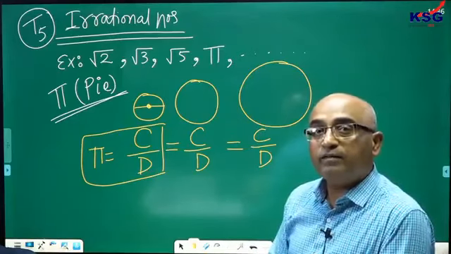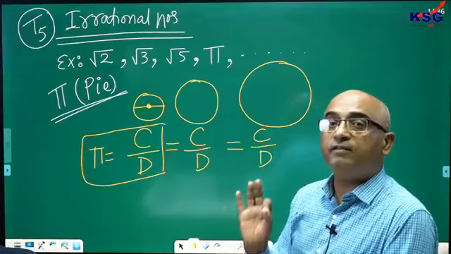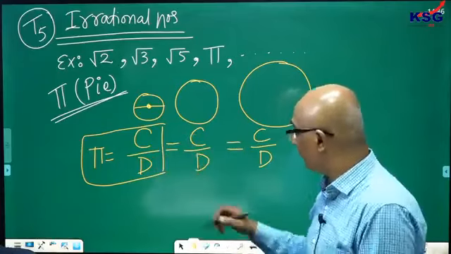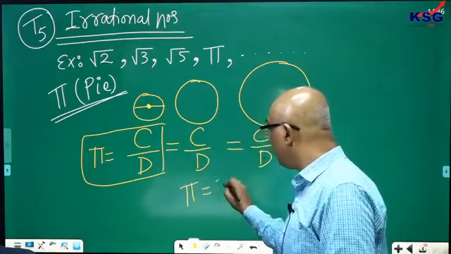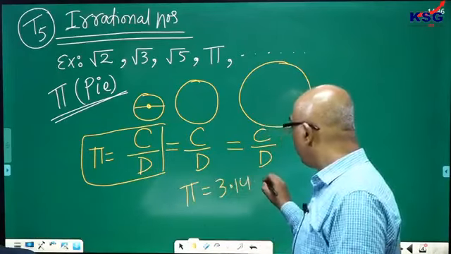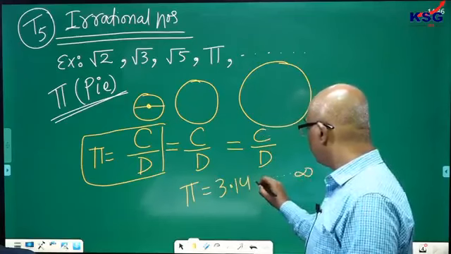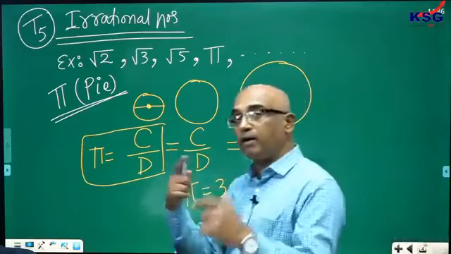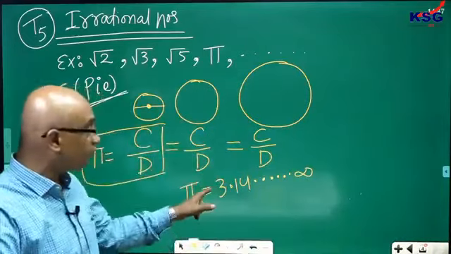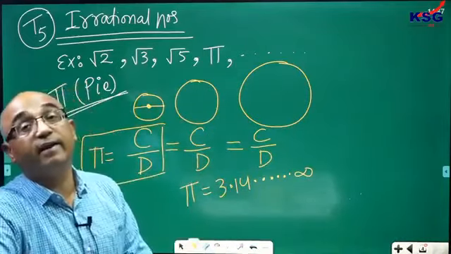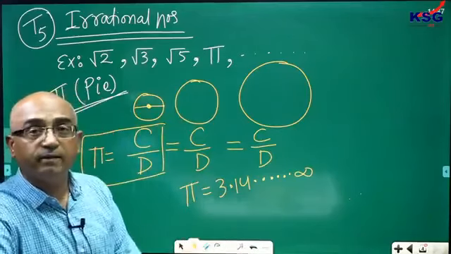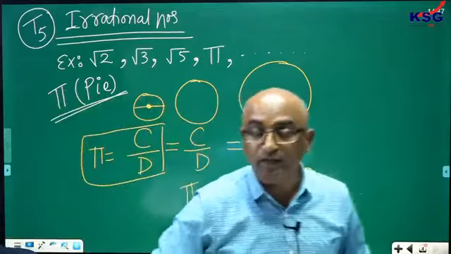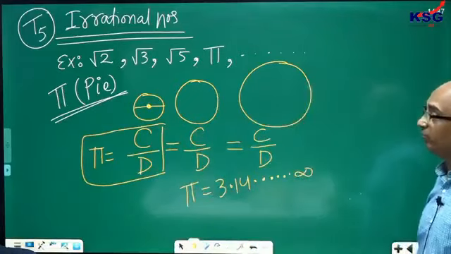It is always the same, and that same value is known as the value of pi, which is 3.14 dot infinity. After the decimal, a repetition pattern is not confirmed, that's why we can't write it as a recurring decimal. The value of pi is 3.14 infinity, not 22/7. 22/7 is just an approximate value.